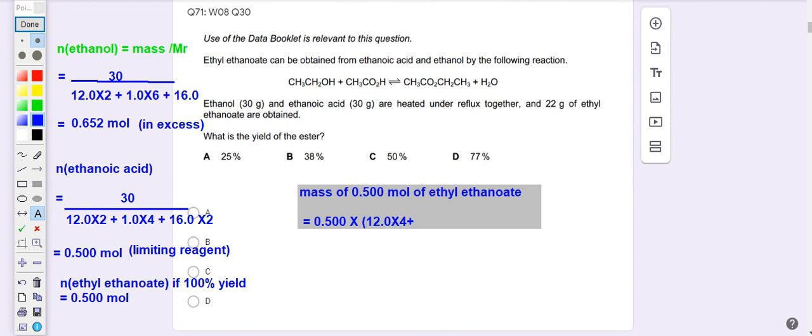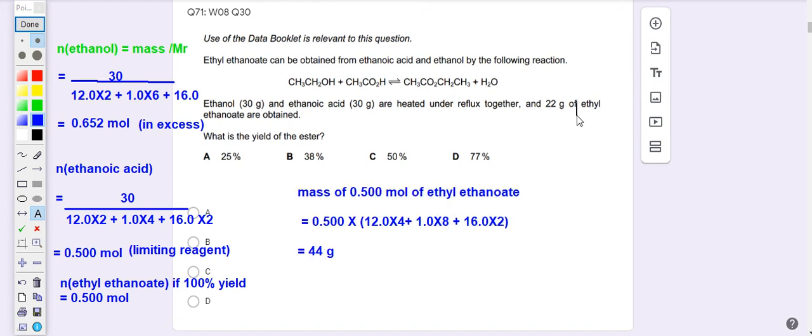We have 8 hydrogen and 2 oxygen. We are supposed to get 44 gram if the reaction is complete.